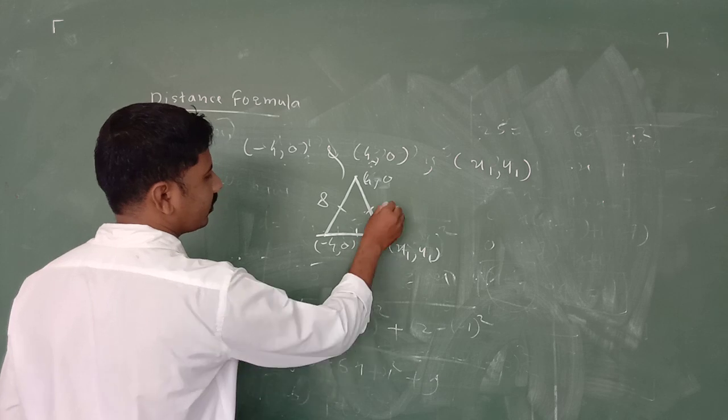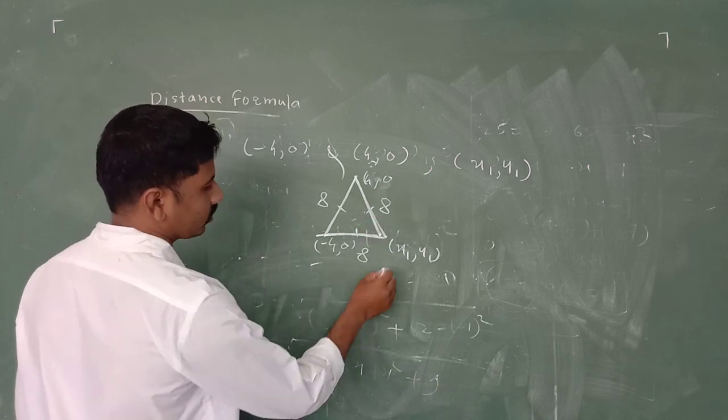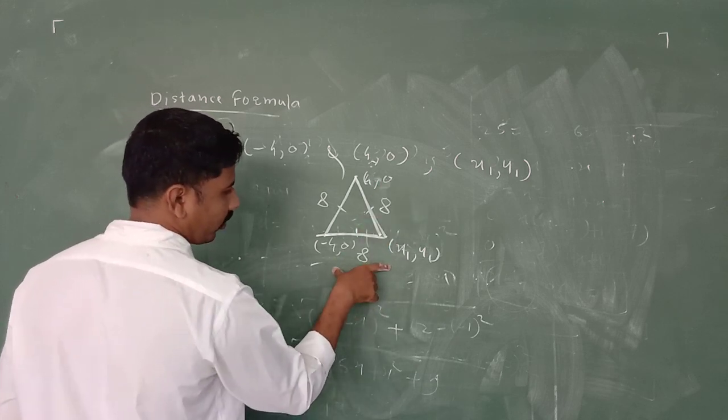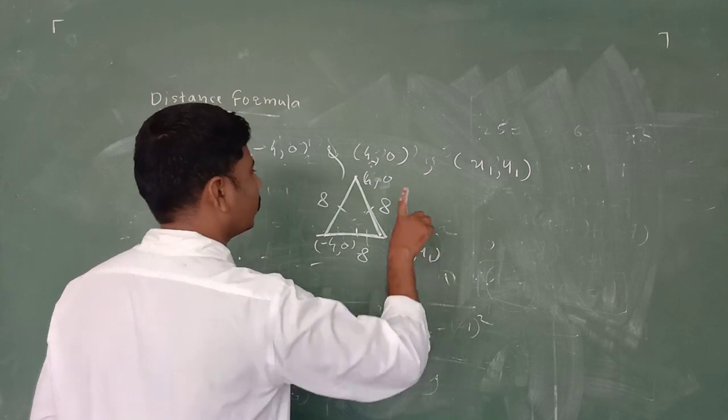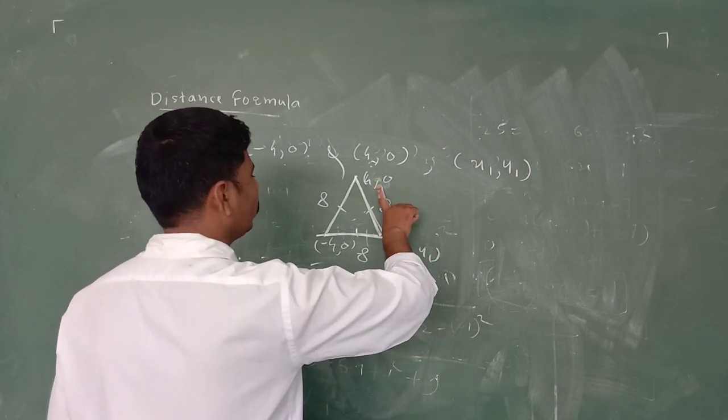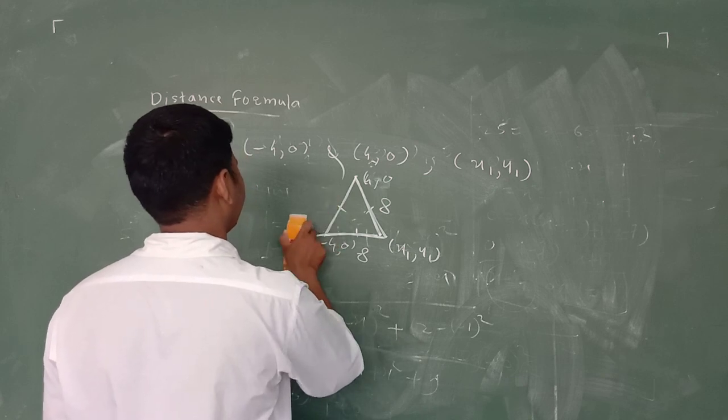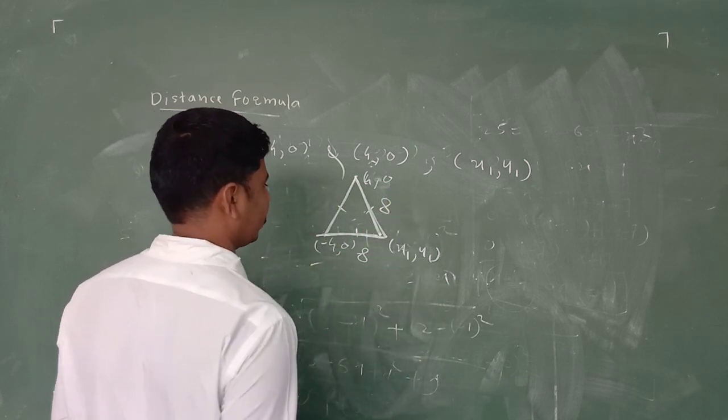This distance should be 8, this distance should be 8. So we have to make an equation from these 2 points, also from these 2 points, and we have to solve this equation.